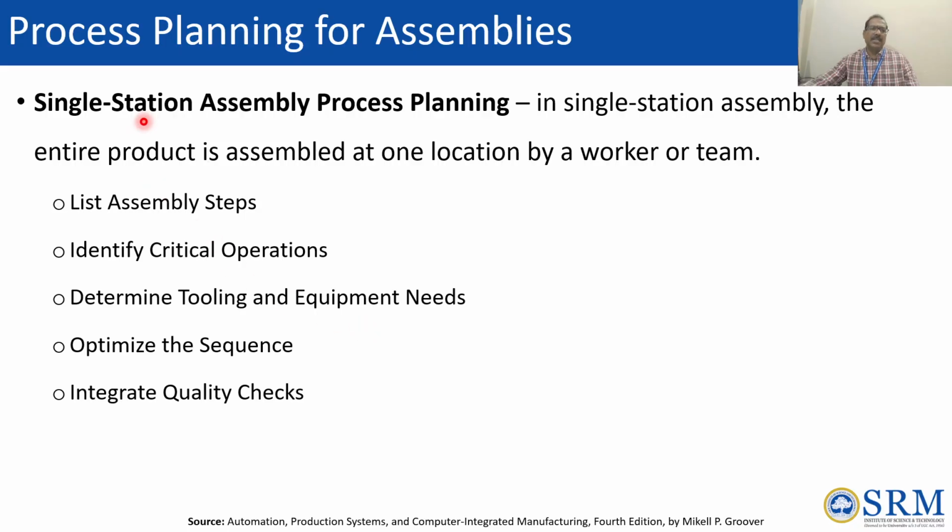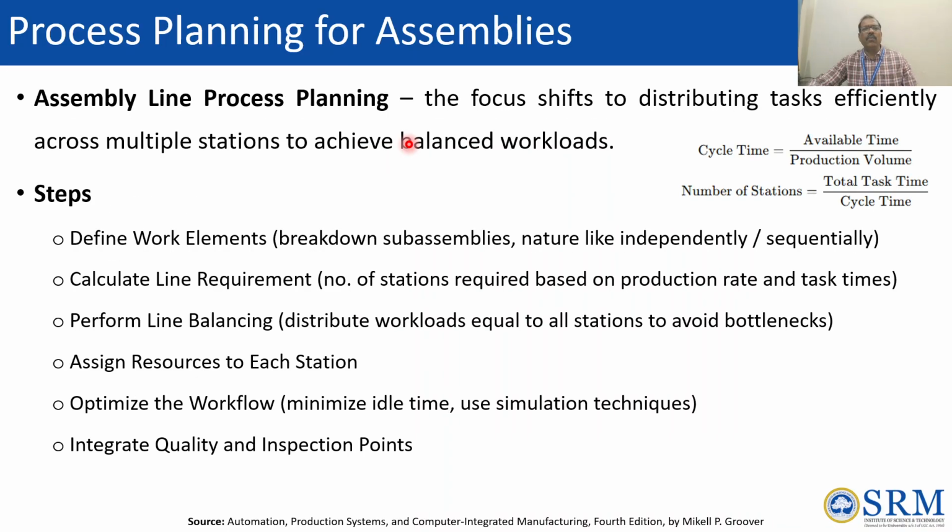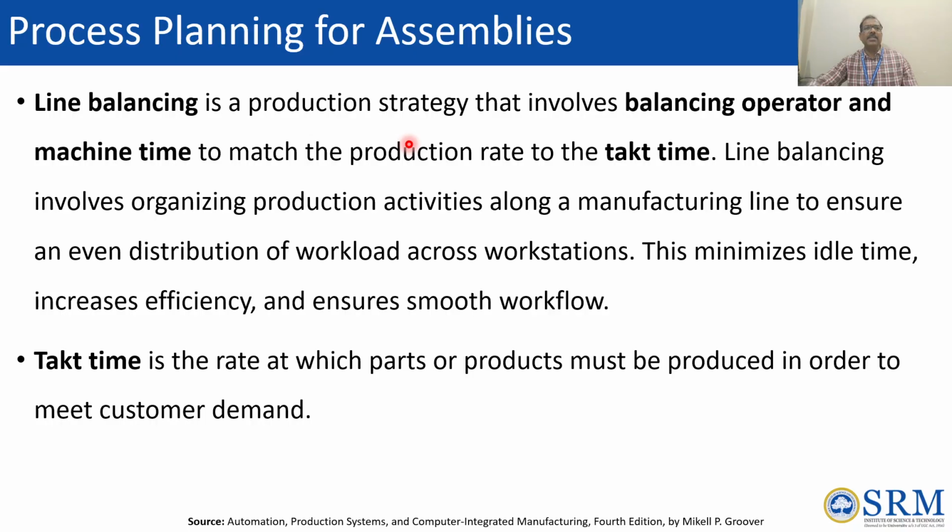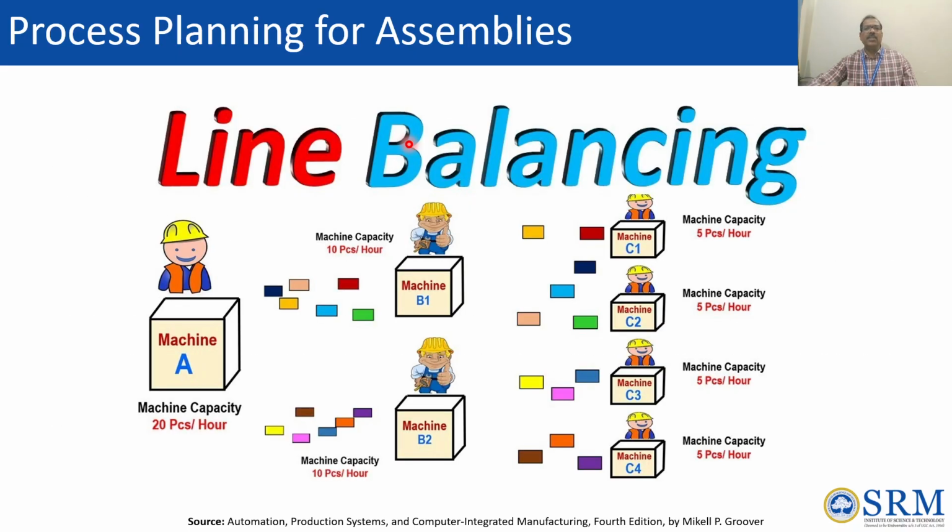So consider single station, that is what I said. I'll come back to the single station later. Now I go for assembly line production, in the sense line balancing only I said. With this example, I want to explain the line balancing. Machine A is able to handle about 20 components or 20 pieces per hour.